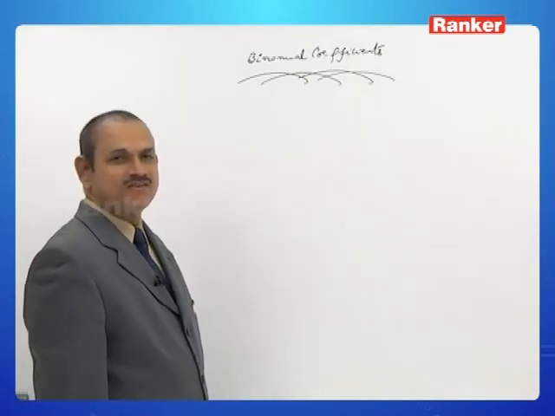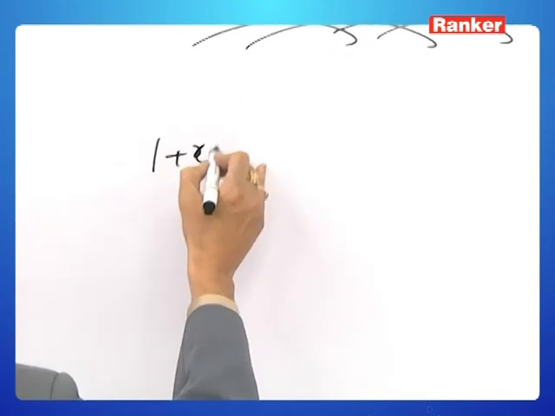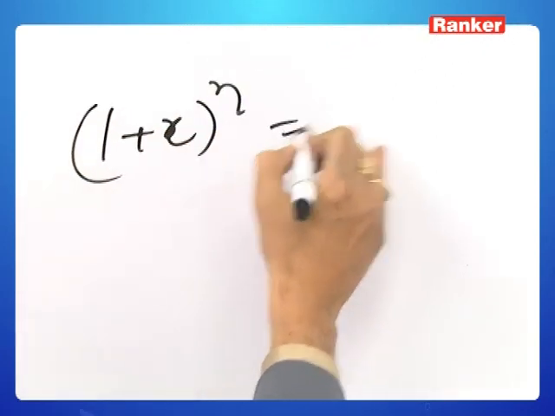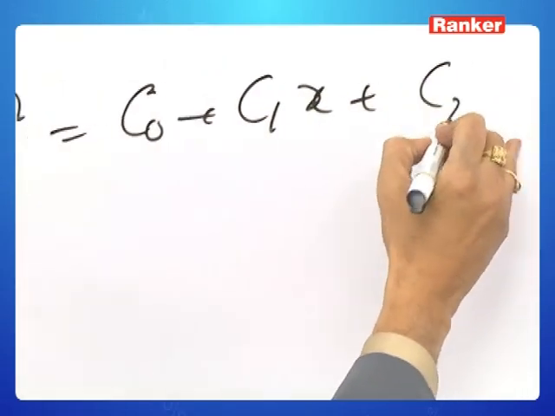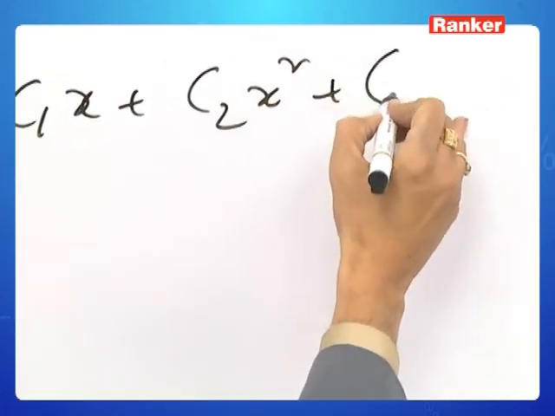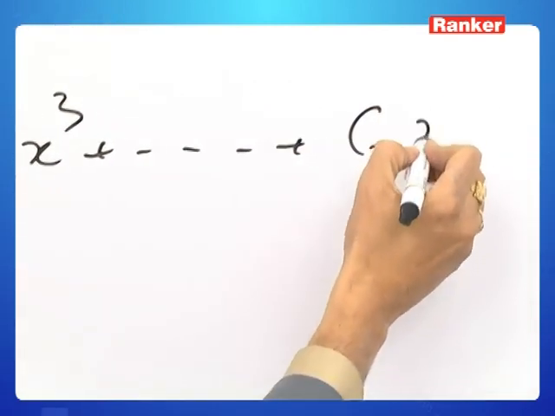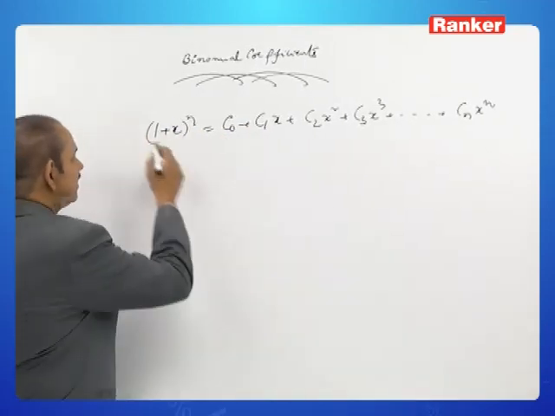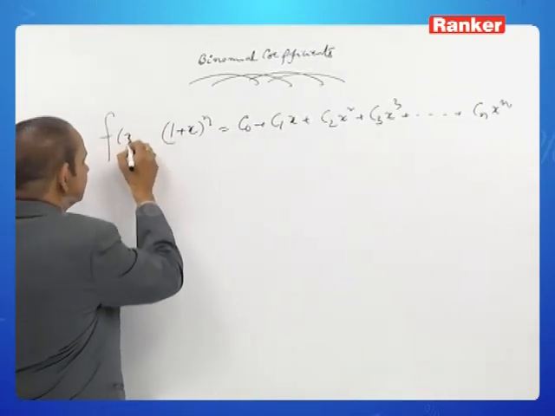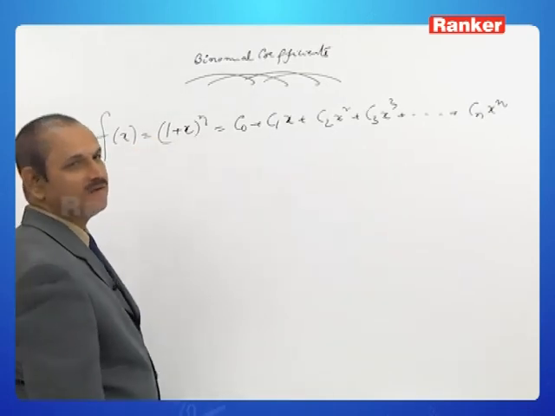With this new notation, let us write (1 + x)^n equals C0 plus C1x plus C2x squared plus C3x cubed plus Crx to the power r plus and so on, Cnx to the power of n. Let me call this f of x.